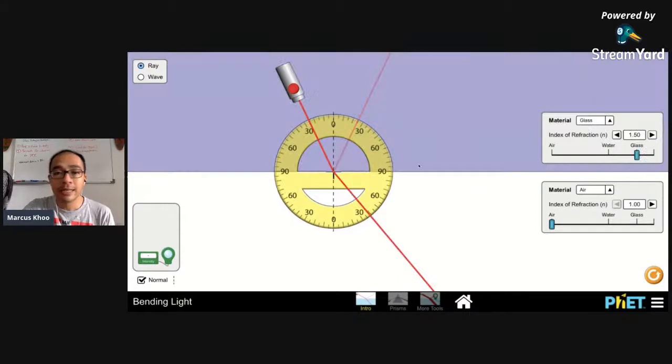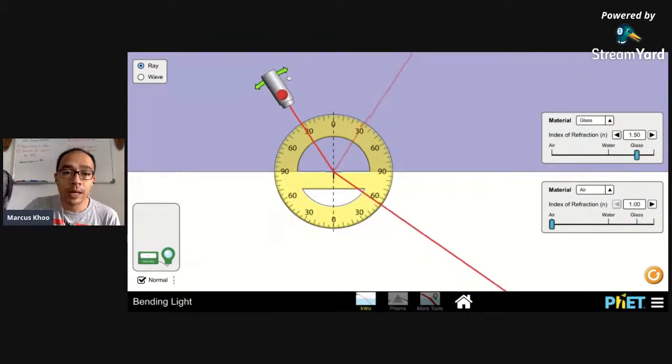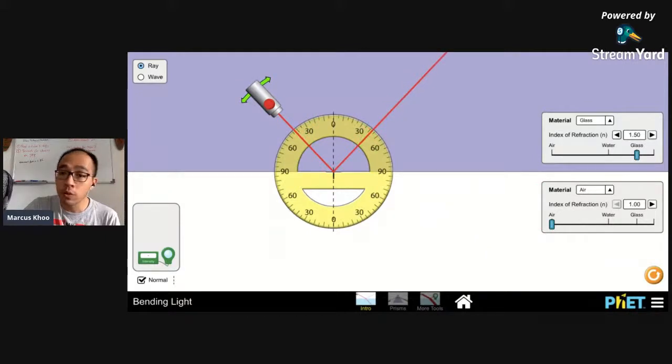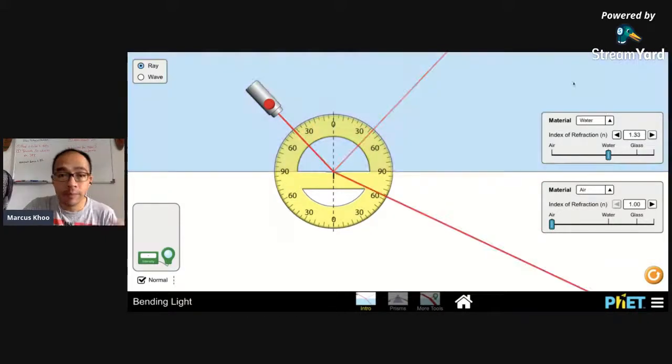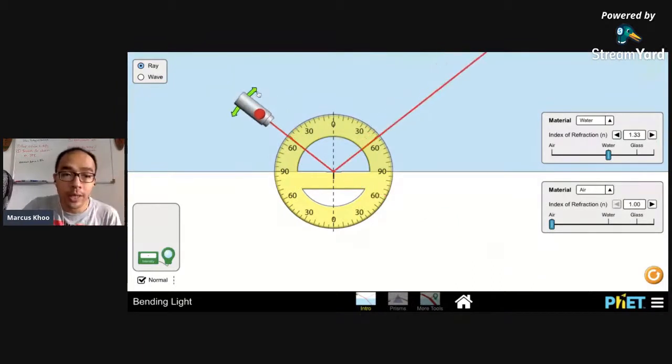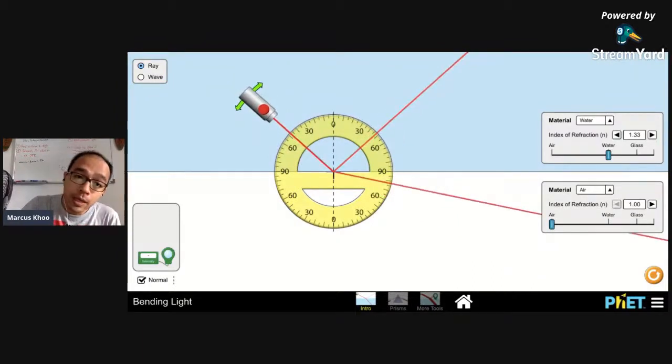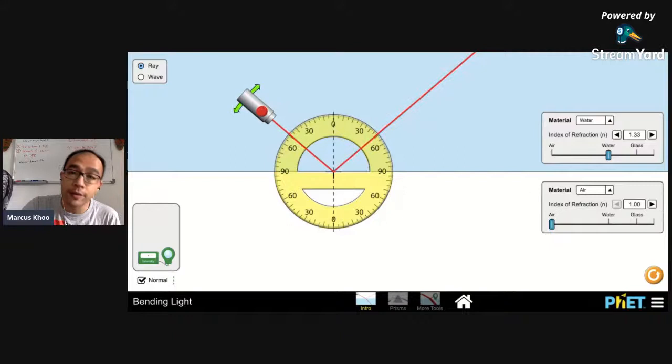Glass is about 42. And water is even bigger, about 50. So different materials have different critical angles, because different materials have different index of refraction.